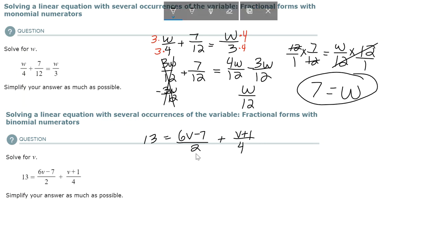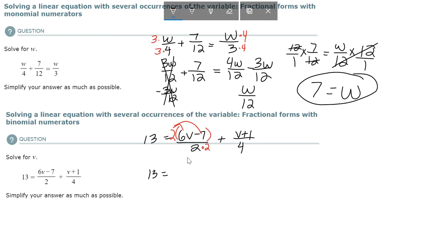Now when I look at these denominators, I can tell that my least common denominator would be 4, so I'm going to change this first fraction. So in order to make a 2 into a 4, I need to multiply by 2. Now on the bottom, that's pretty straightforward, but on the top, I want to add brackets to remind myself that that 2 needs to actually multiply to everything.